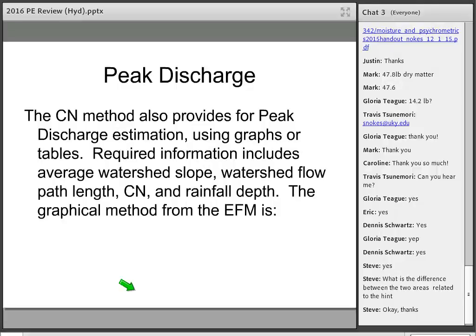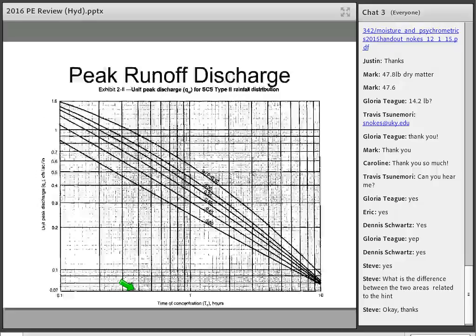You need to know the average watershed slope, the watershed flow path length, the average curve number, and a rainfall depth. And from the engineering field manual, here's what you've got as a chart. And this is duplicated in the references as well, typically. But you've got a time of concentration on the x-axis.